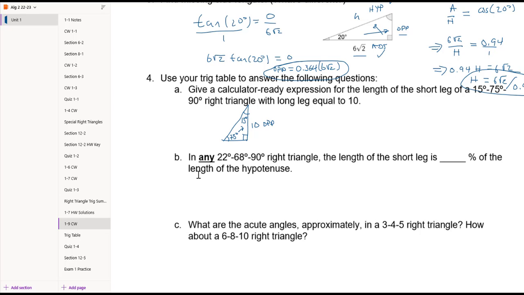The short leg over here, the adjacent side, we don't know, and we don't know the hypotenuse, but we have a table that gives us the relationships. We're supposed to find the short leg, which is the adjacent side. So we know the opposite, something we know and something we want to know, opposite over adjacent again. So take the tan of 15 degrees, and you'd get the opposite side.